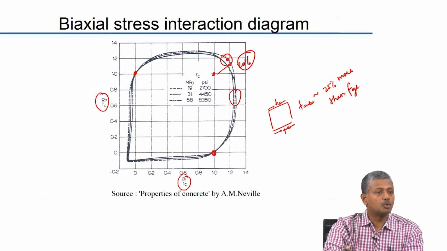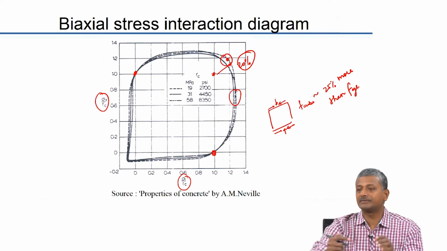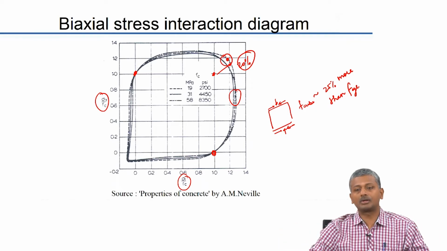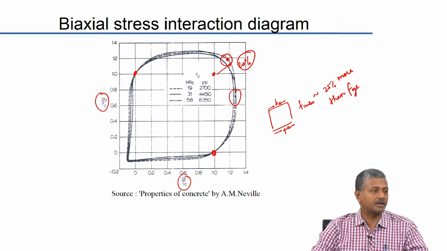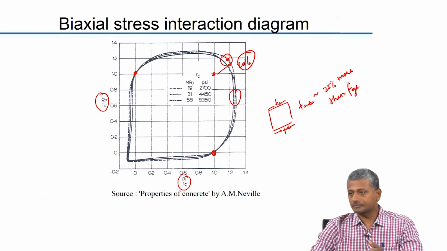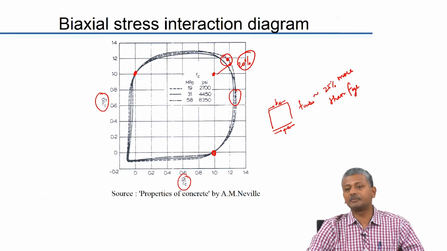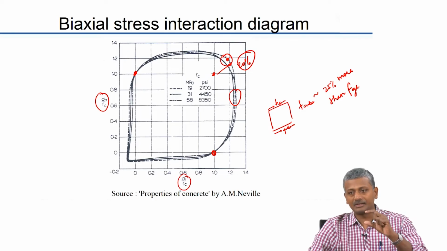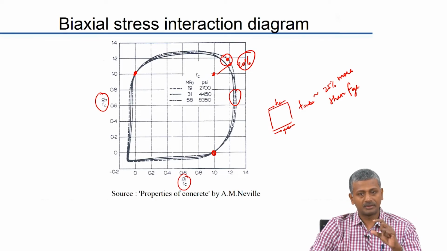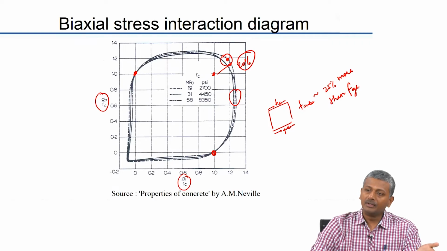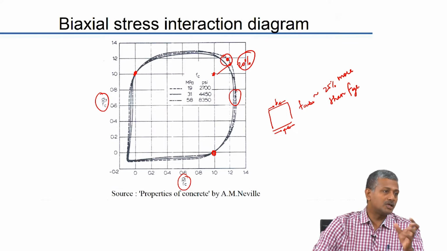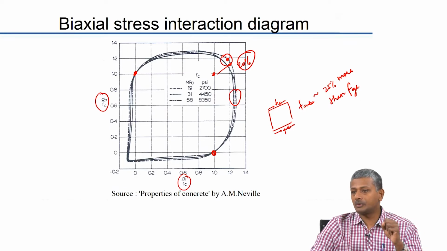This is not a true biaxial case because you are not applying load on the orthogonal faces; you are getting this restraint because of the friction offered by the platens. So, for a cube you have a strength nearly 25% more than that of a cylinder. In a cylinder we have at least a zone exactly in the center which has pure compression. So, compared to the uniaxial compression case, biaxial compression will produce a strength level which is 20-25% higher than the uniaxial case.